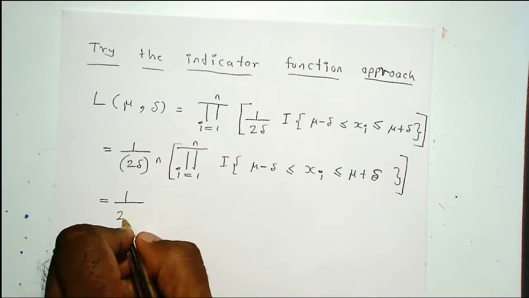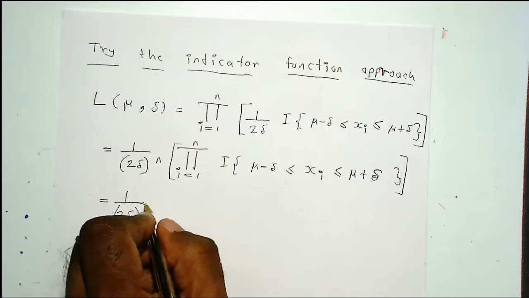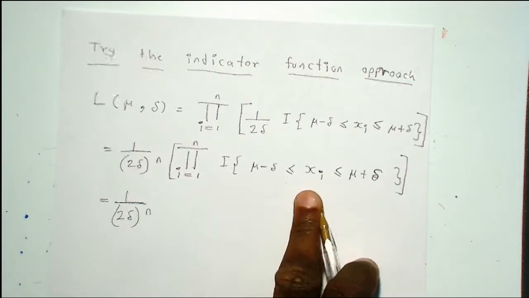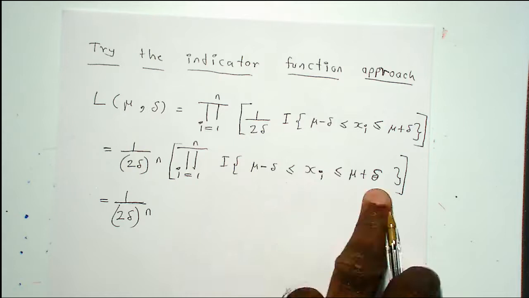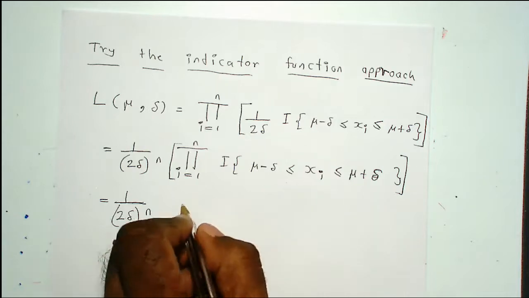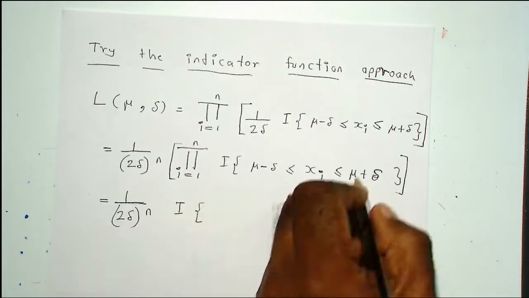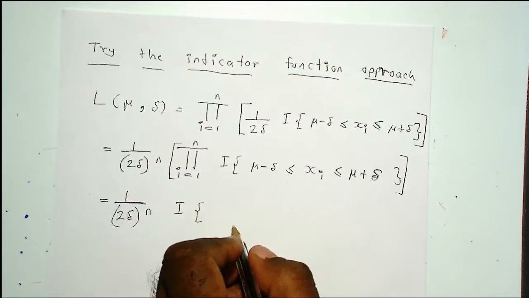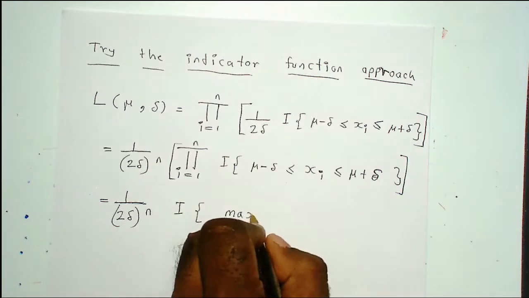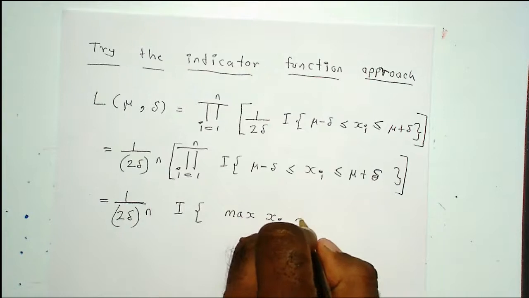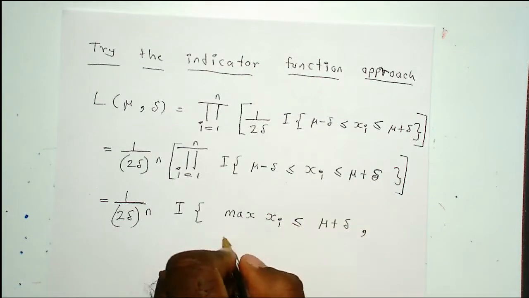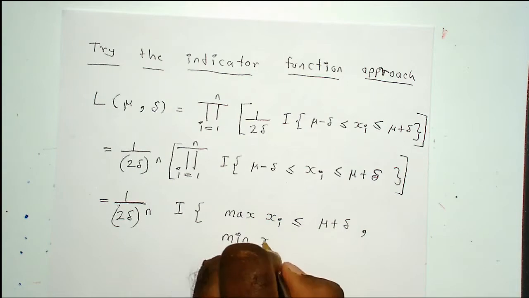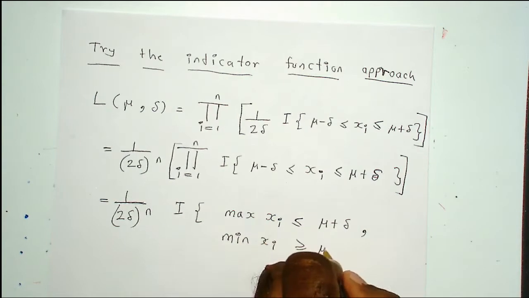All right. Now, once again, you need to test your memory, guys. What you have here is the product of indicator functions. And using one of the three rules I gave to you about a week or two ago, you can simplify this. I'm not going to ask you again, but you should know how to simplify this, guys. So this will be max of xi less than or equal to mu plus delta, comma, min of xi greater than or equal to mu minus delta.